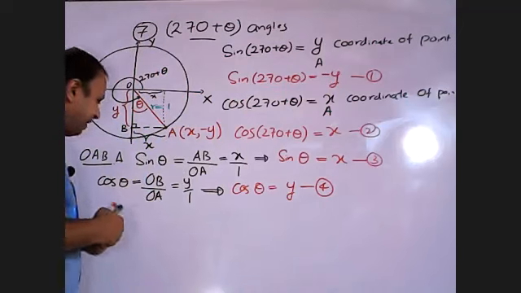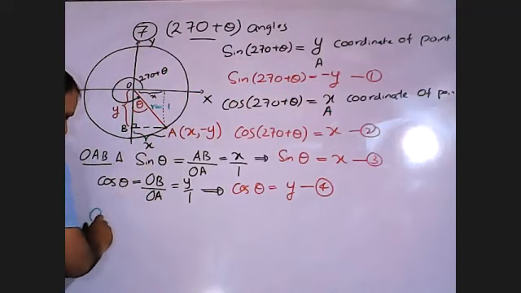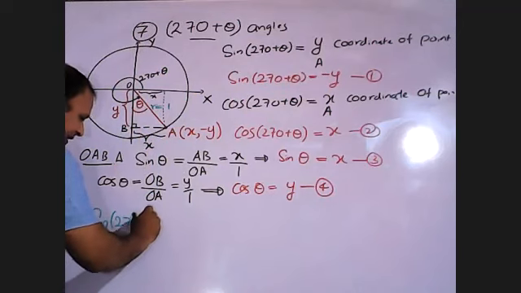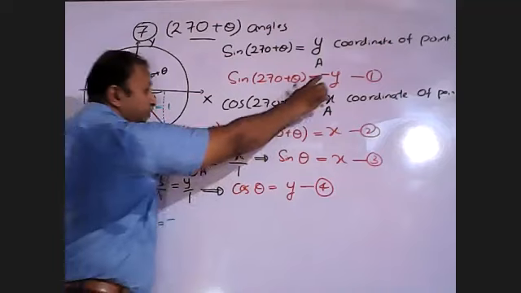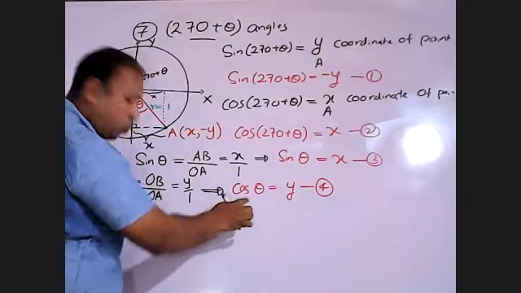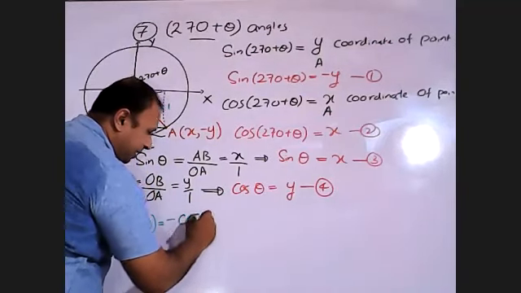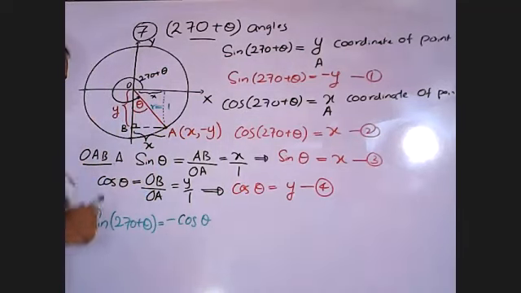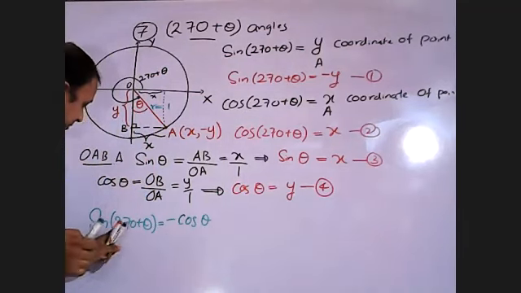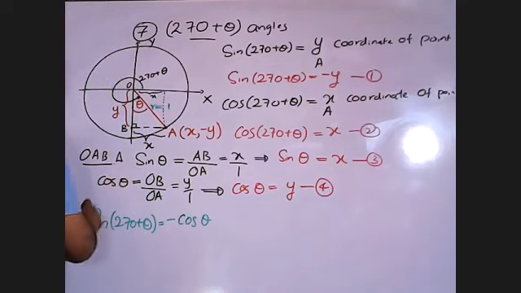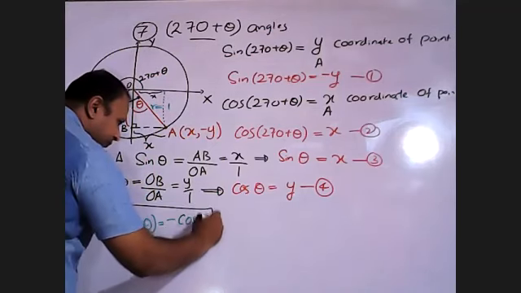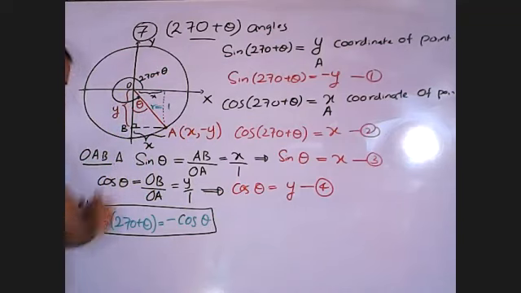Therefore, sin 270 plus theta is minus y, and y is equal to cos theta, so I can put it as cos theta. Therefore, sin 270 plus theta is equal to cos theta.